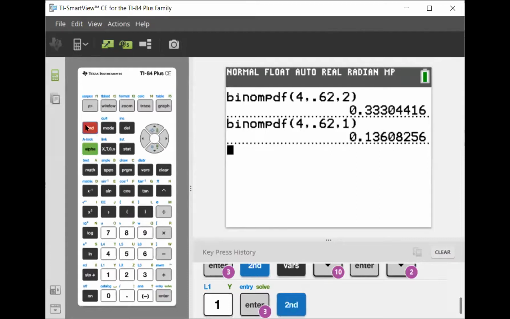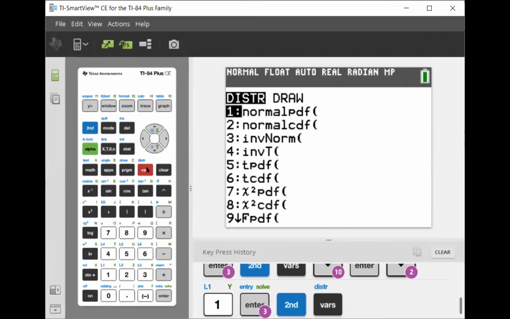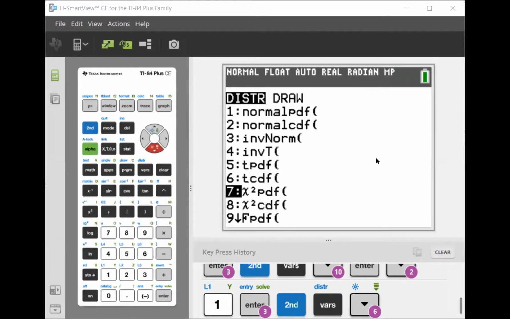So now let us find the probability of having exactly 3. So let us find our binomial PDF.